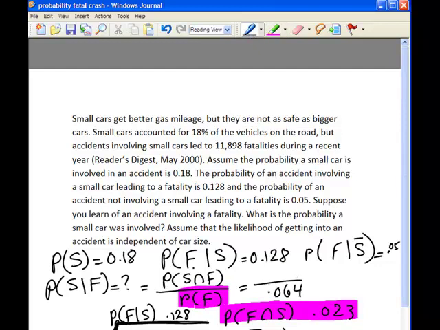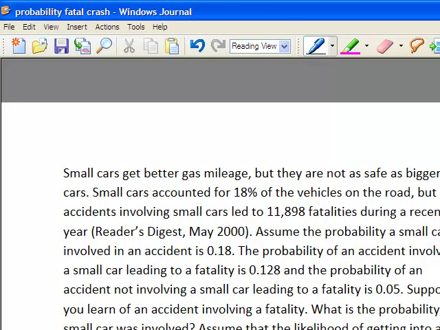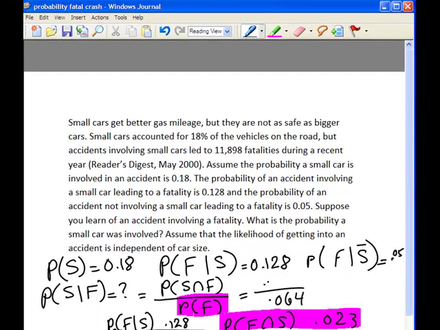The joint probability of F and S, or the intersection of the two, is 0.023, which goes up here. So at this point, we're ready to compute this answer, which is 0.359.